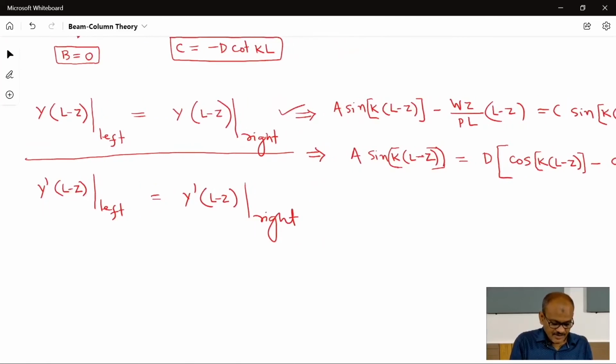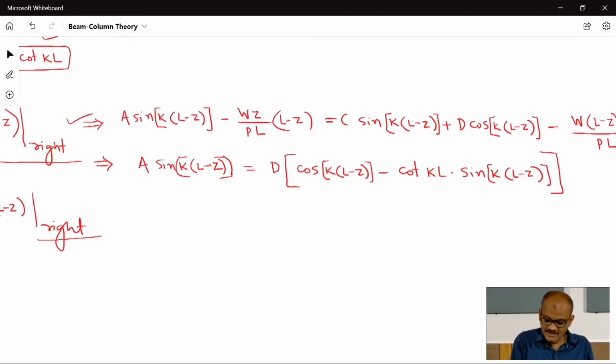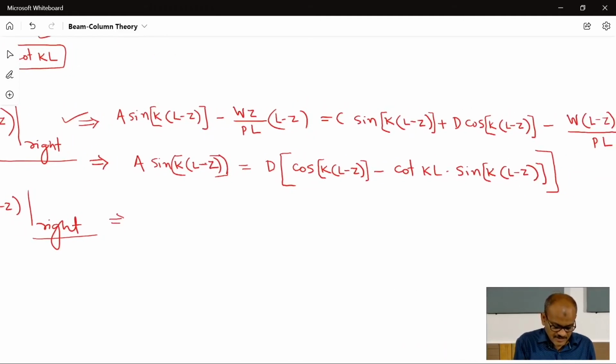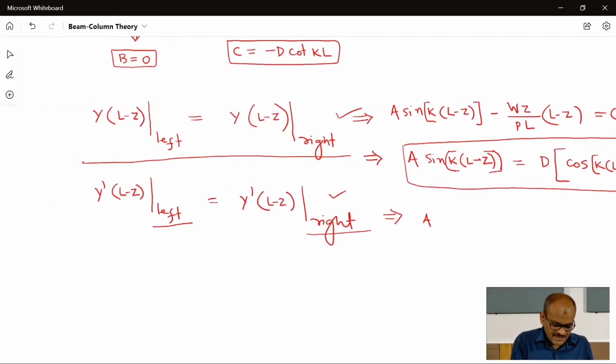Similarly, for continuity of the slope, whatever slope we find using the left side equation, we will get the same slope if we use the right side equation. You will have to differentiate this equation once and substitute x is equal to L minus z.